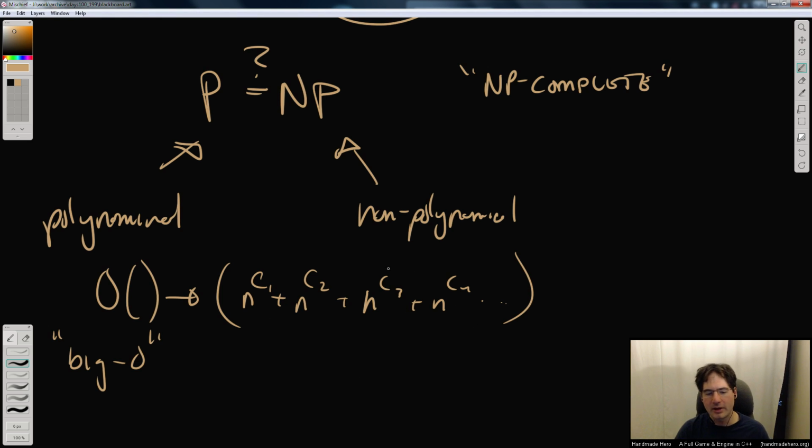It's just a standard polynomial from math. And you can put constants in front of it as well, whatever you want to do. But it's always got to be n to the something. That's just how polynomial is defined.